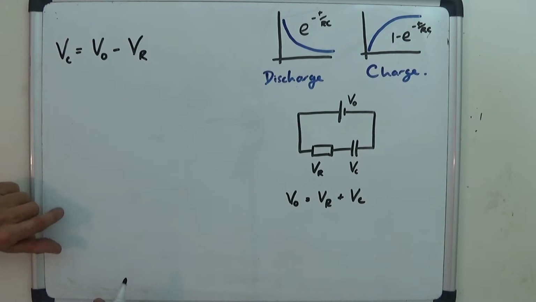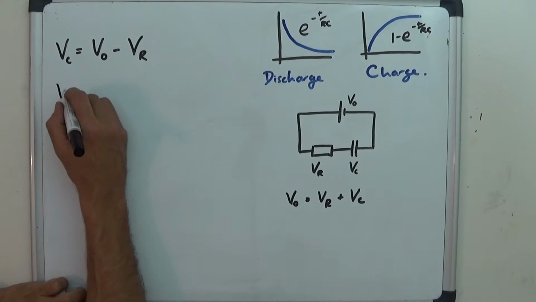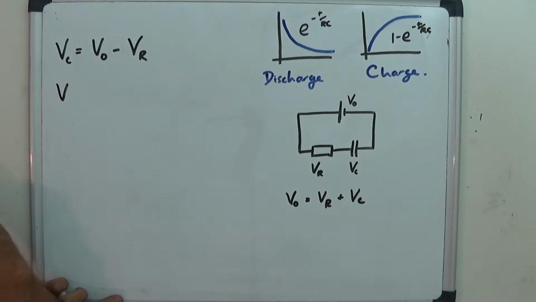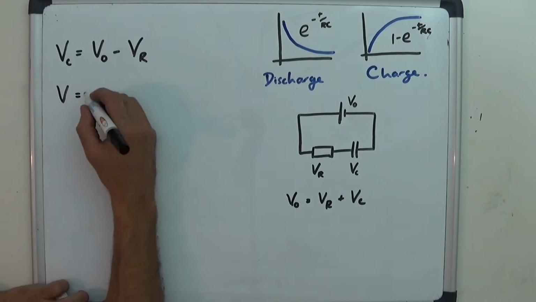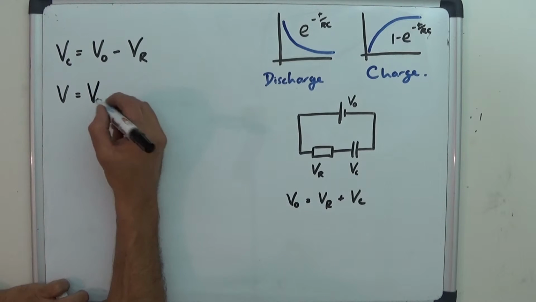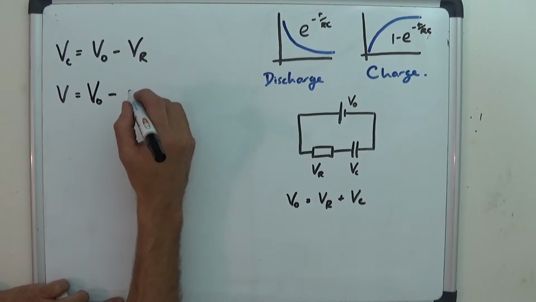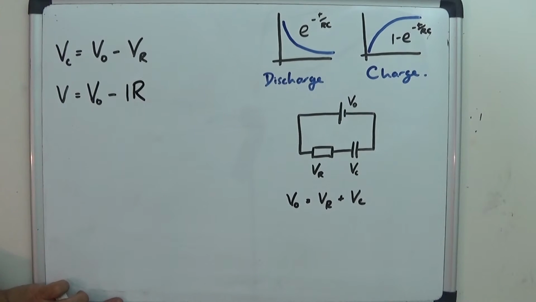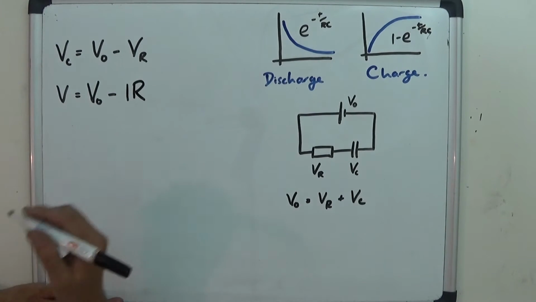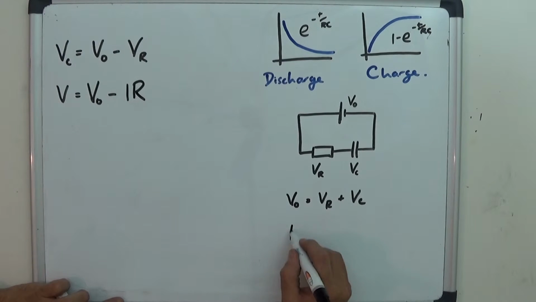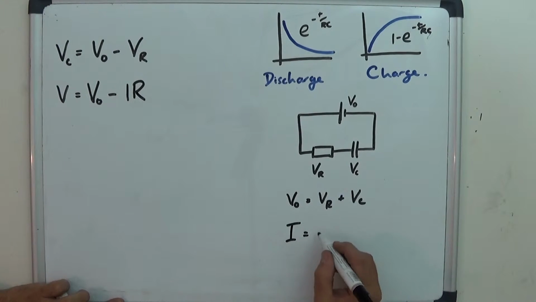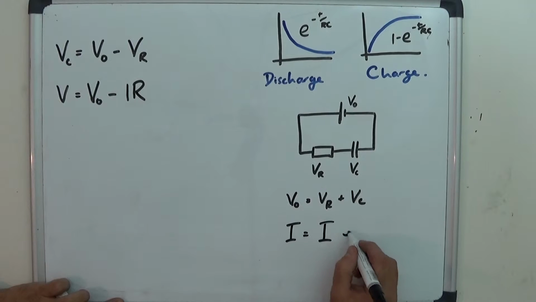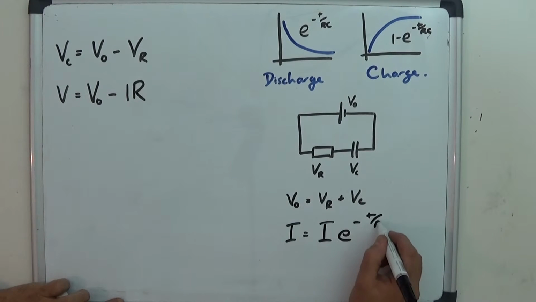So from there, let's start substituting. I'm just going to call it V from now because that's what we're going to get to. The voltage at any point across the capacitor, V, is given by the initial voltage, V0, minus VR. Now VR at any point is going to be I times R. We also know that at any stage, any current I is equal to I0 e to the minus t over RC.